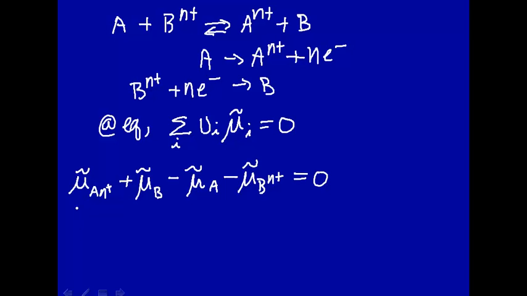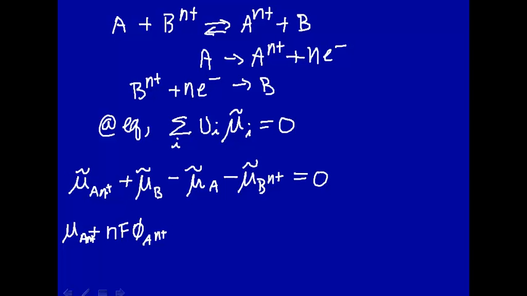Let's go ahead and expand this out. The electrochemical potential of A^n+ will be the chemical potential of A^n+ due to concentration, plus there are n electrons being transferred here, so it's n times the Faraday times the potential of A^n+.